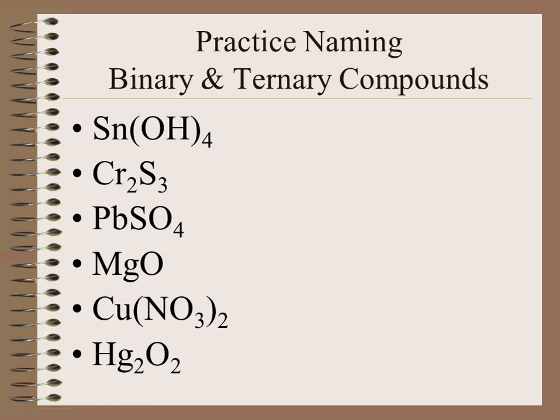So we see we have some variation of a tin hydroxide here. Now, the trouble is, tin has more than one oxidation state. And so, depending on if we're talking about tin in its +2 form or tin in its +4 form, those compound names still need to be different from one another. We can't just say tin hydroxide.